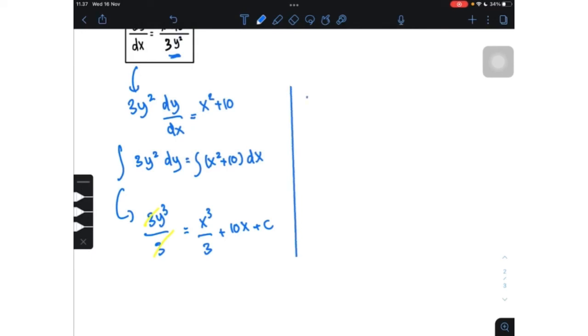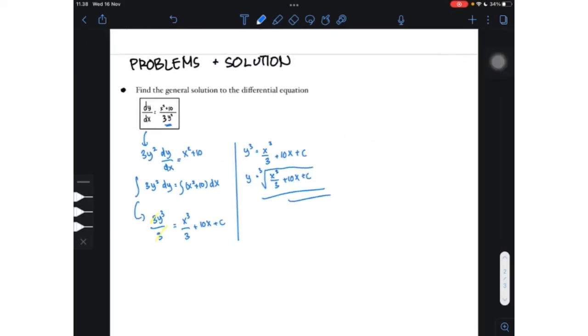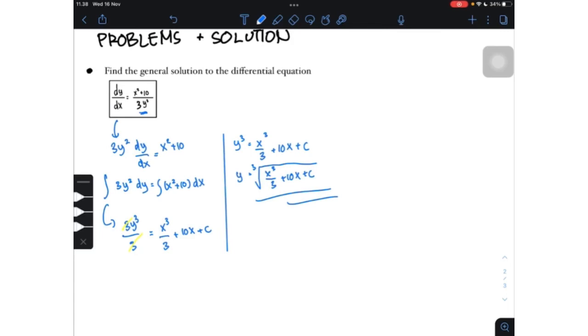For that, we find y will be x cubed over 3 plus 10x plus c. That's the solution of this question.